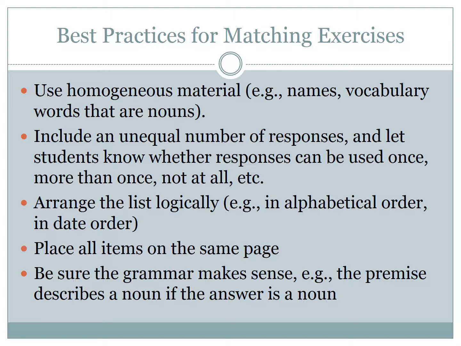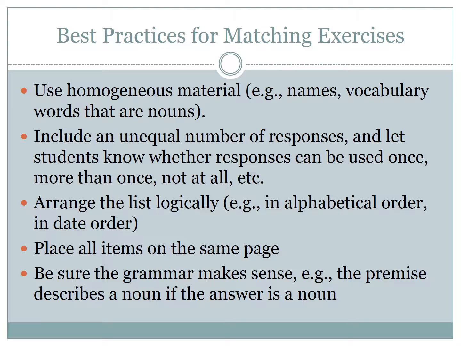You should include an unequal number of responses and let students know whether responses can be used once, more than once, or not at all. It's too easy for students to match if there's a one-to-one correspondence between the premise and the response. So you generally want to put in more responses so that there are some false responses that students don't need to use. This makes it harder for students to guess.